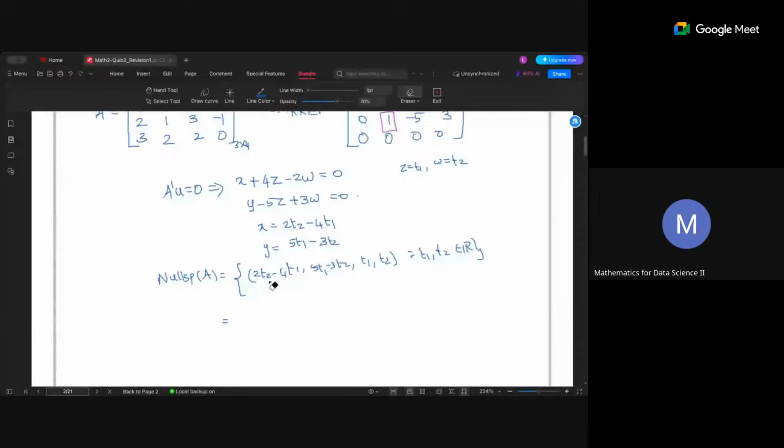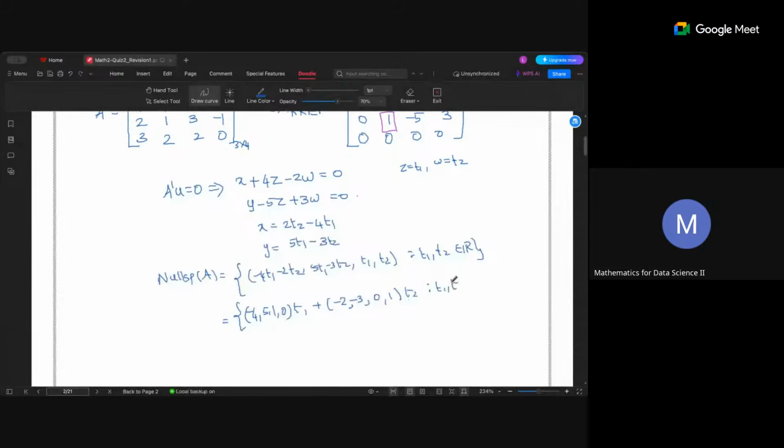I'll write t1 first and then t2 so that it's easier to do the splittings. If you do the splittings, then what will you get? (-4, 5, 1, 0) times t1 plus (2, -3, 0, 1) times t2, correct?